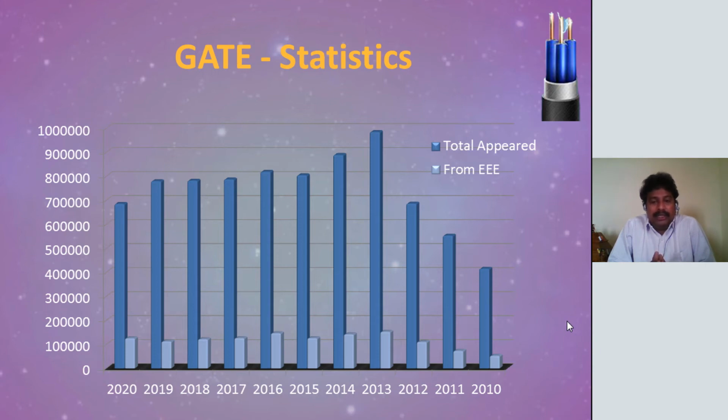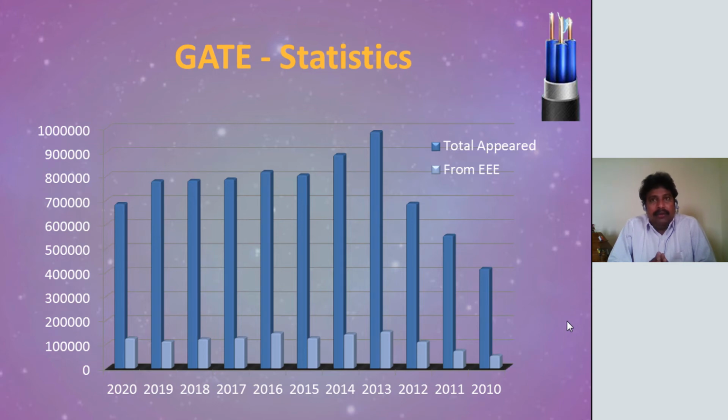Coming to electrical engineering, every year the most students participate in the GATE examination because electrical engineering students have a lot of opportunity and are given priority for jobs in public sector units. As a result, GATE has become the top priority for electrical engineering graduates, so this number is slowly increasing.